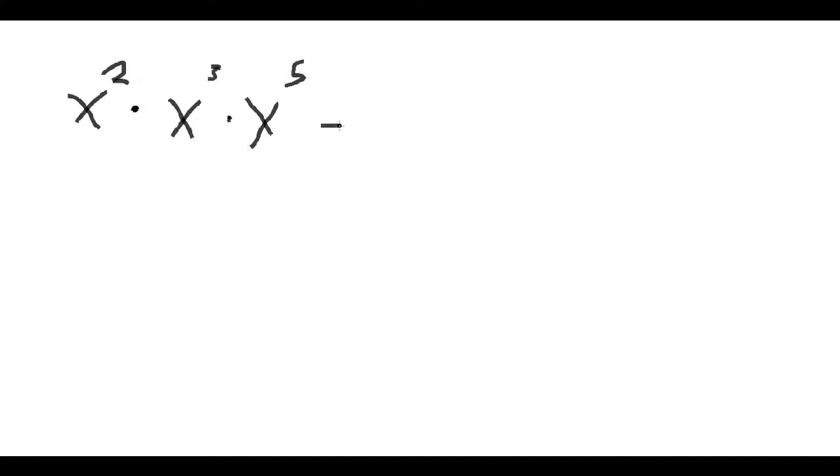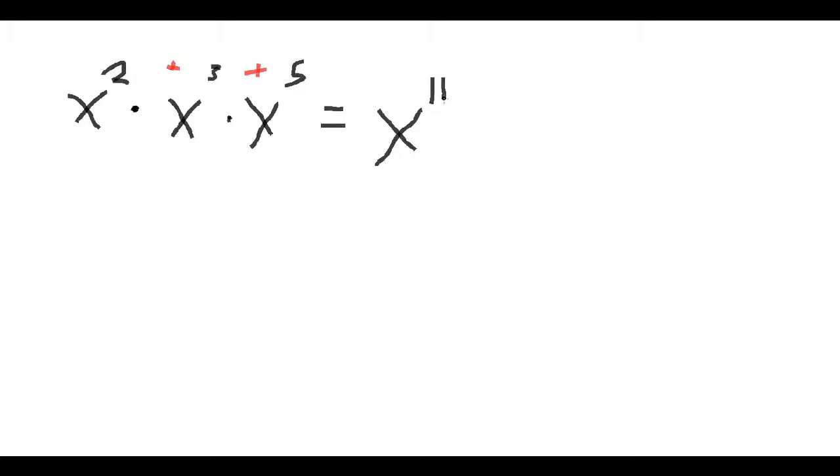So when we have this like that, we're basically adding these exponents. Okay, do you see that? We're just adding these exponents. So we're left with x to the 2 plus 3 is 5, 5 plus 5 is 10.